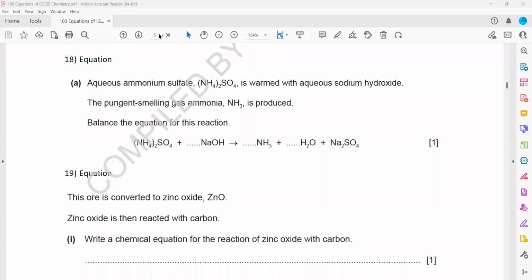The next one, aqueous ammonium sulfate is warmed with aqueous sodium hydroxide, and a pungent smelling gas, ammonia, is produced. Balance the equation. Start balancing with oxygen, followed by hydrogen and then the other elements. Since the products are already there, you can start with any of them.